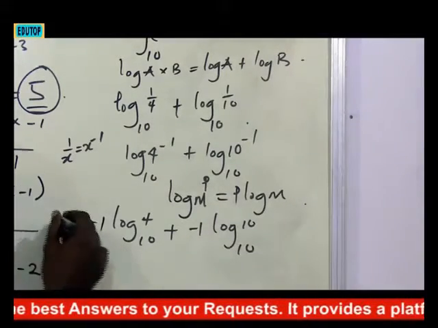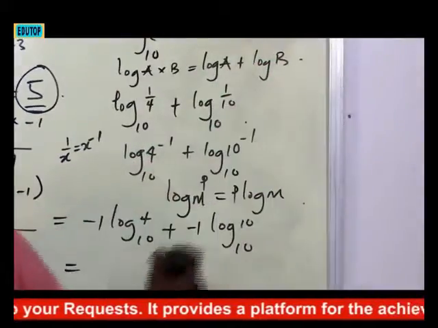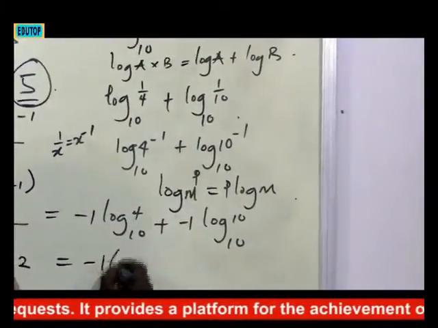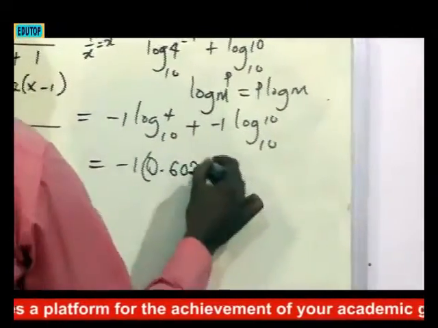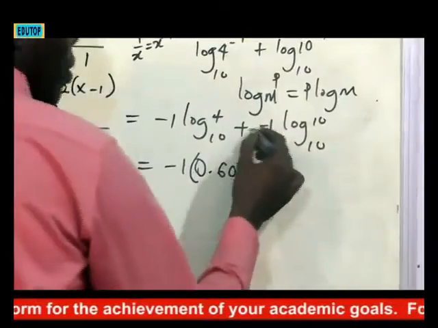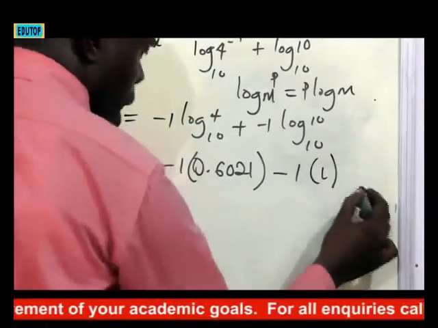So in this situation, remember that log 4 base 10 has been given as 0.6021. That means you have minus 1 into 0.6021. Minus times plus is minus. So you have log of the same base is what? 1.